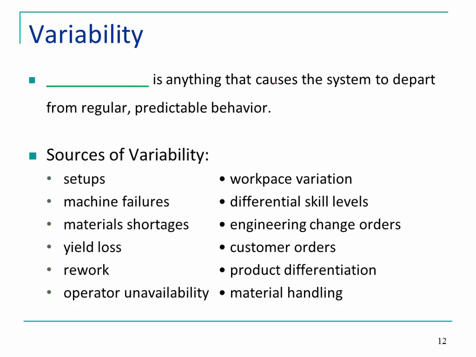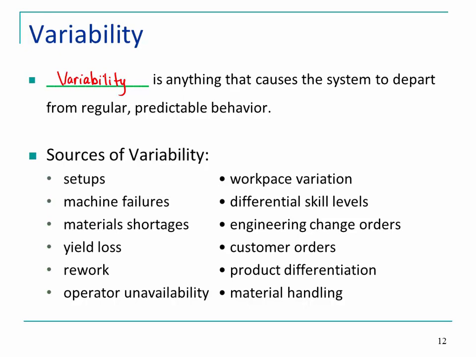Okay, so going into variability now, the variability is anything that causes the system to depart from regular or predictable behavior. So again, thinking about manufacturing process, sorts of variabilities can be setups, the things that you need to perform before you can run your production, like setting up the machine in terms of the parts that you need, or setting up the initial raw material that you need to run a specific process.